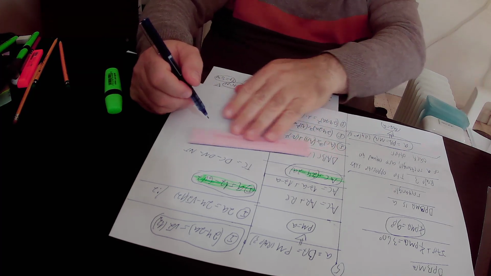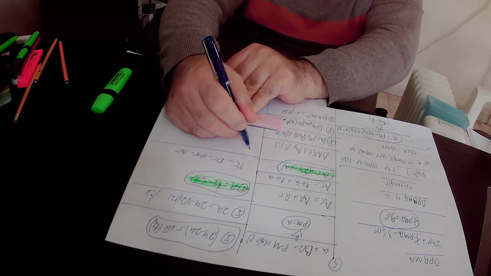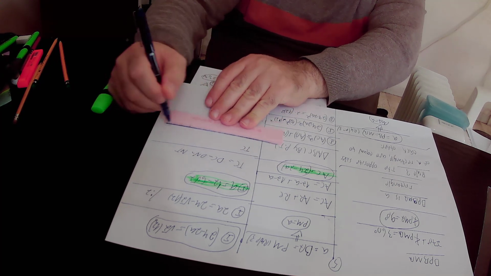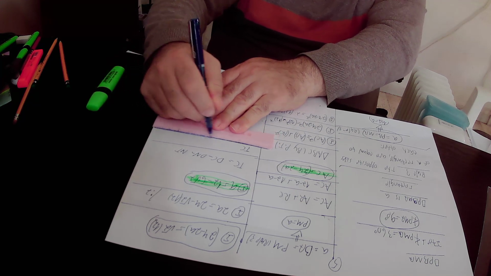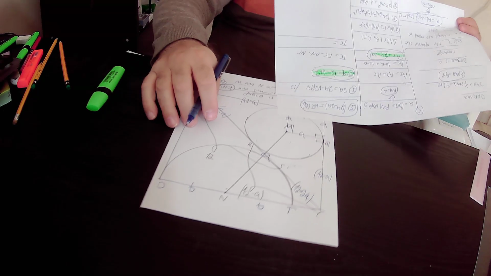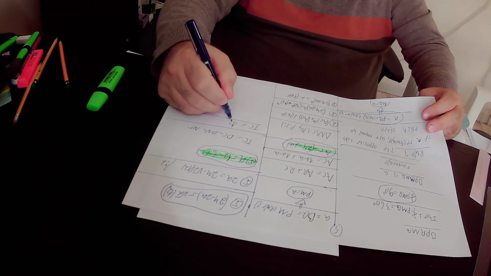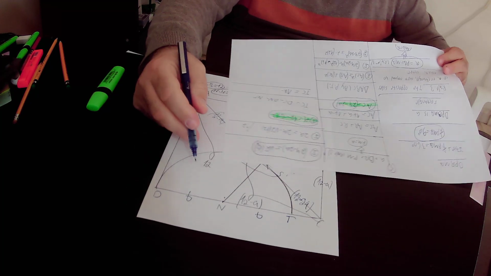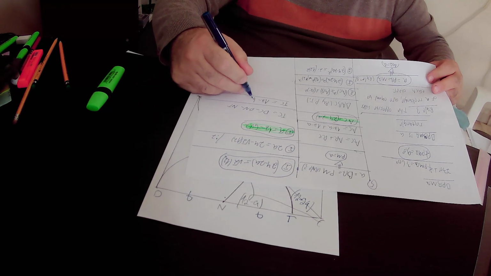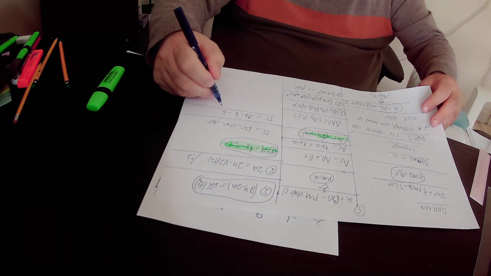So actually TC equals DC, and DC is 12 units. This equals 12 units minus DN, that is B, minus NT, that is also B, the radius of the semicircle.